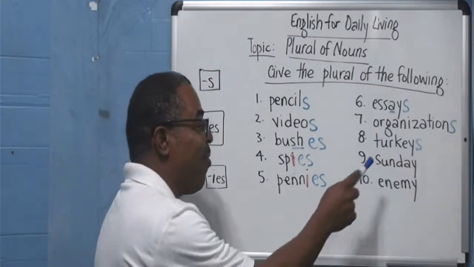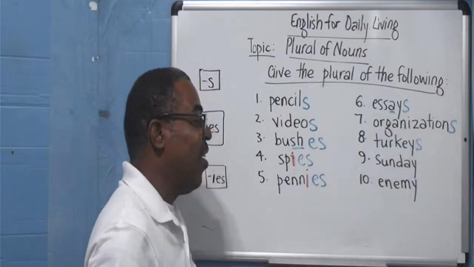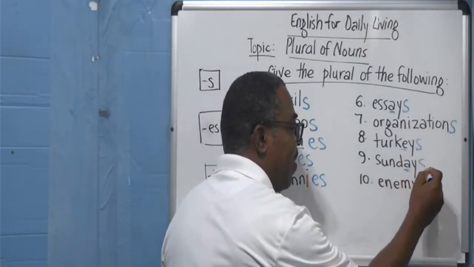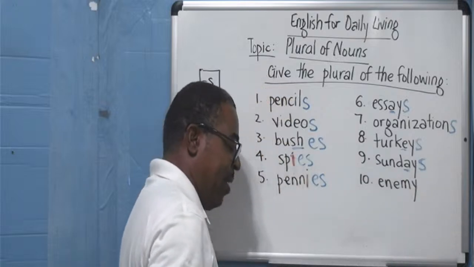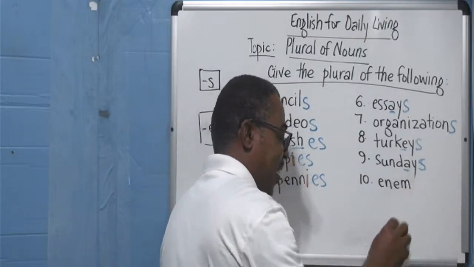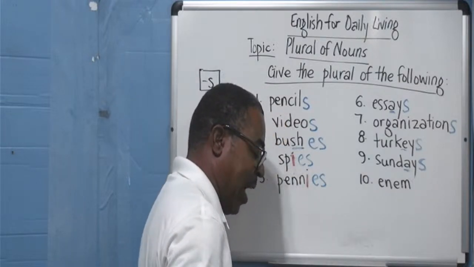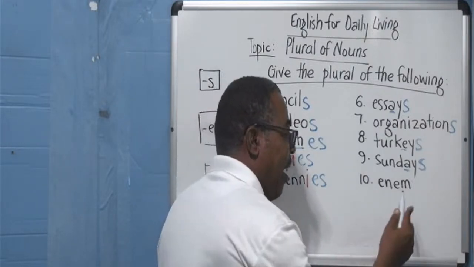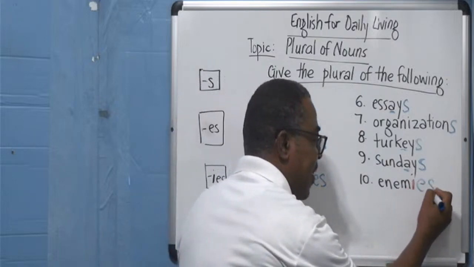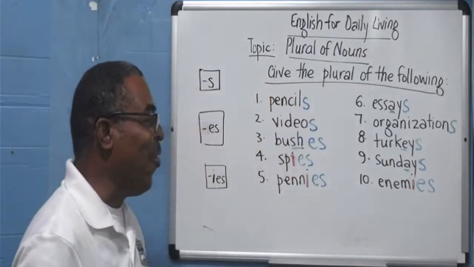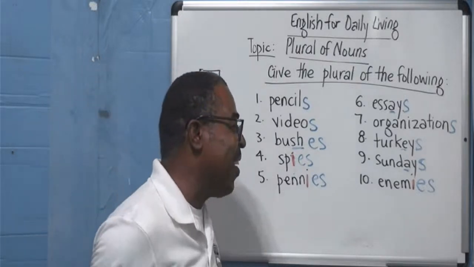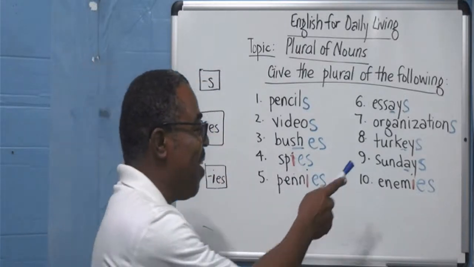Sunday, same situation, preceded by a vowel, we add S, Sundays. Enemy, change the Y to I, and then go ahead and add ES, enemies. I don't know why, for some reason I was thinking something else with Turkey. It's clear to see. My apologies.